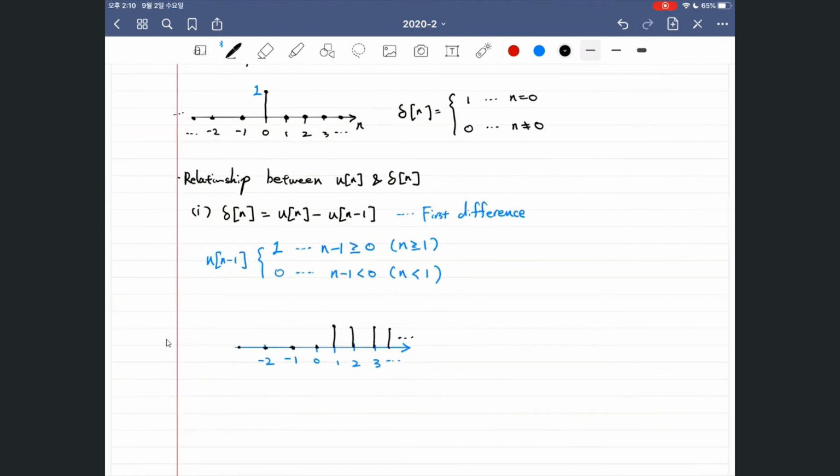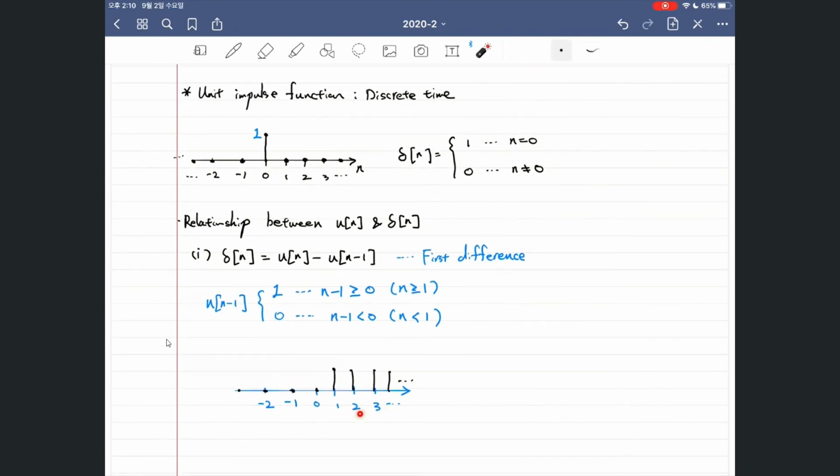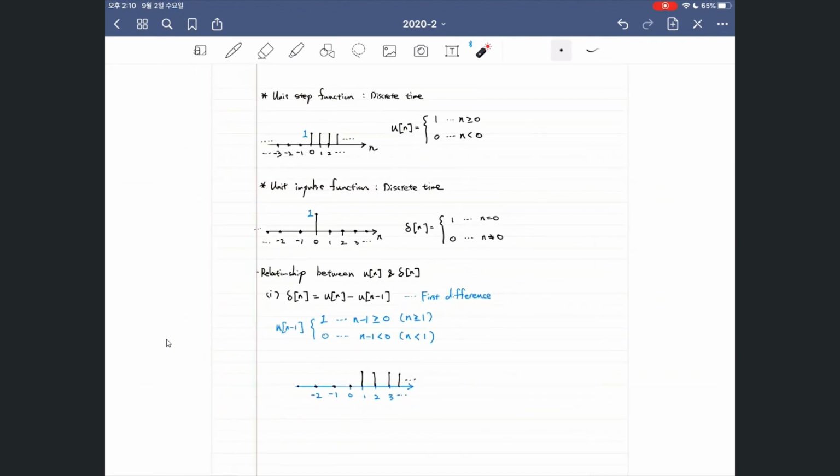Now you have the picture of u[n-1], and if you subtract this from u[n], what do you get? Below minus 1 you have zeros and zeros, so you get 0. And from the value 1 you have 1 minus 1, so you get 0.